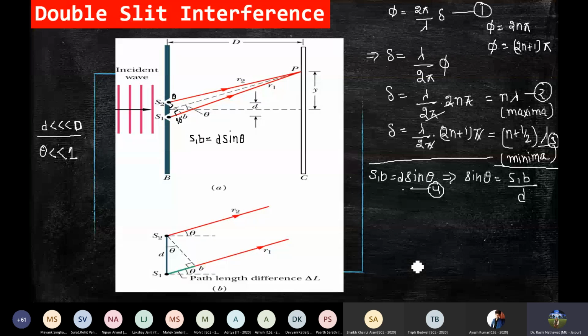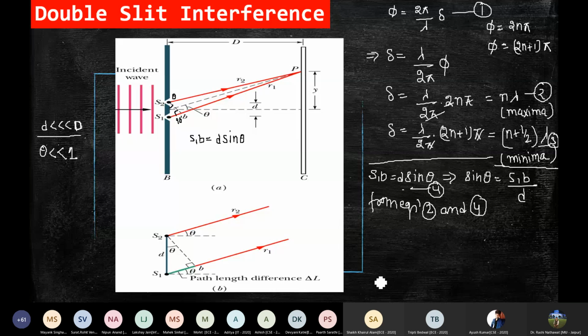So can I write from equation number 2 and 4, n lambda equals d sin theta?